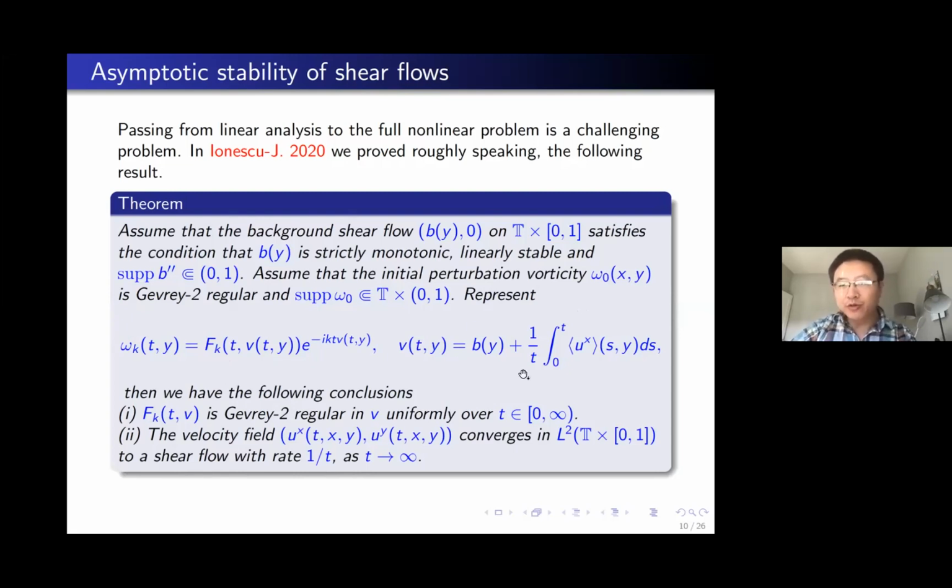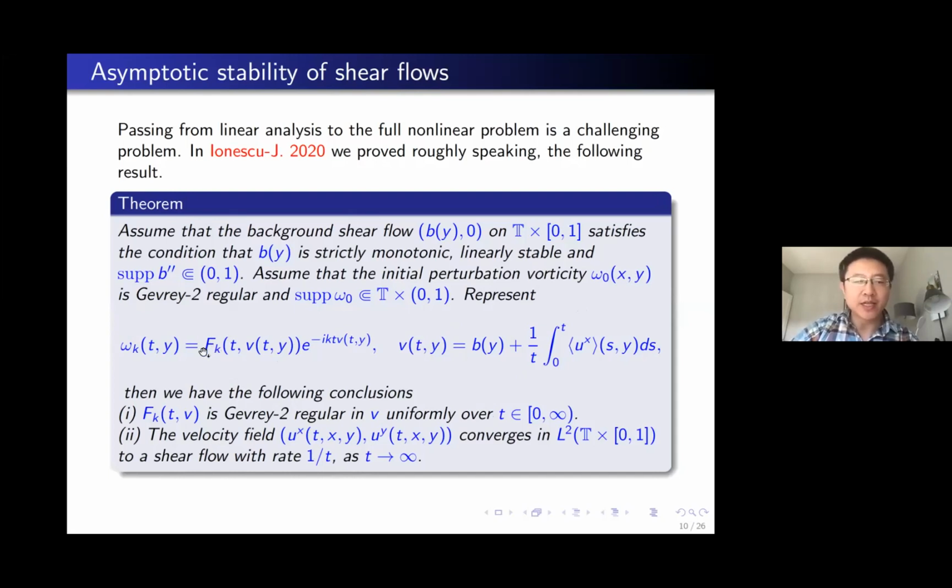But if we do this, then we can show that Fk is Gevrey 2 regular in v uniformly over all times. This is the most important conclusion in nonlinear inviscid damping, because with this you can recover all the decay in the stream function and velocity field, and one can prove that the velocity field converges at a rate of 1 over t. In fact, ux decays like 1 over t squared, uy decays like 1 over t. So that's the nonlinear inviscid damping result.